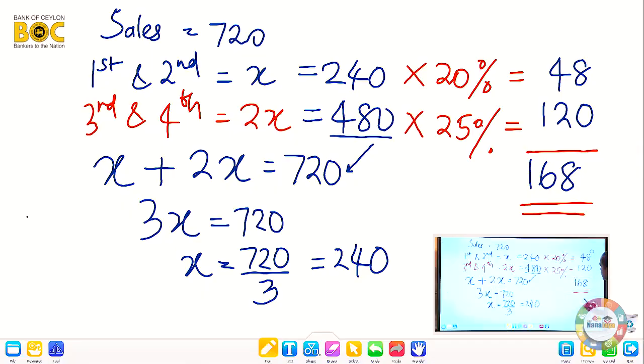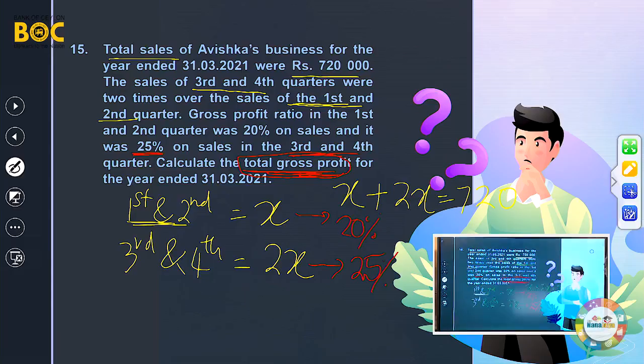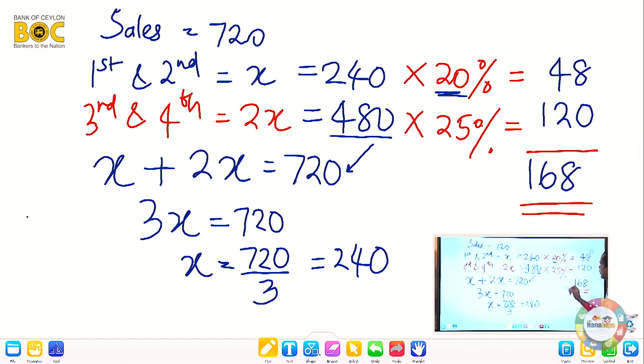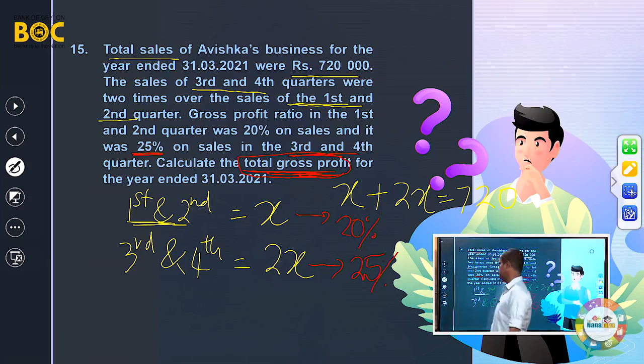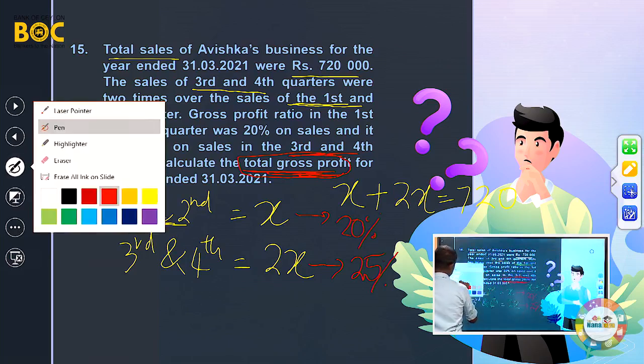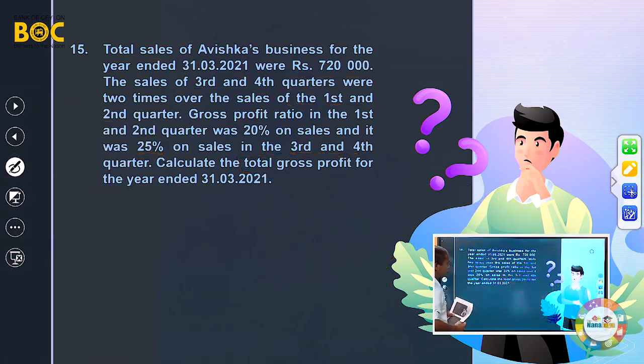The first and second quarters are 20%, and the third and fourth quarters are 25%. The total gross profit is 168,000. We calculated separately.